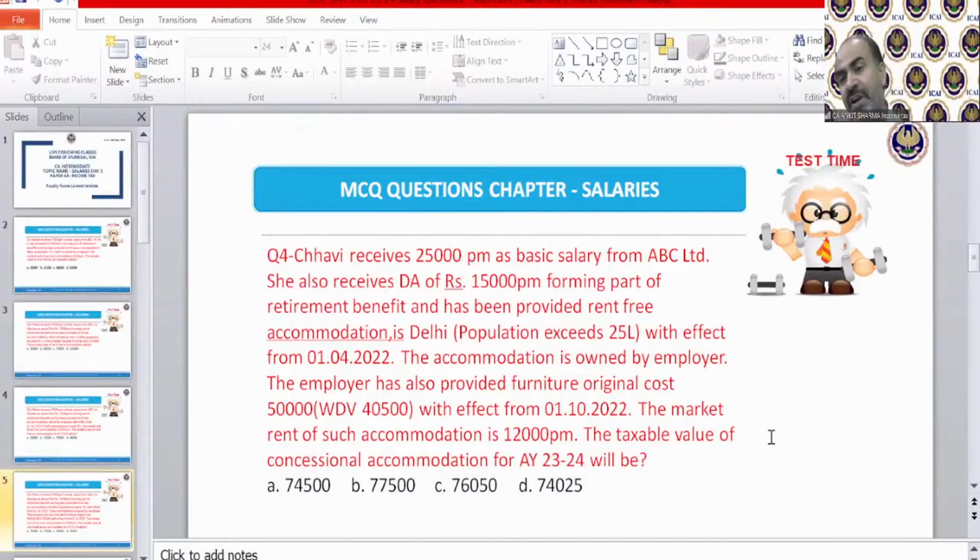For furnished rent-free house, we first need to calculate the unfurnished rent-free house provision, and then we will add the furniture value to that. The market rent of such accommodation is irrelevant. We will solve it as house owned by the employer and take 15% of salary for that, and then add the furniture value. So kindly solve it and send me the correct answer. Question number 4.